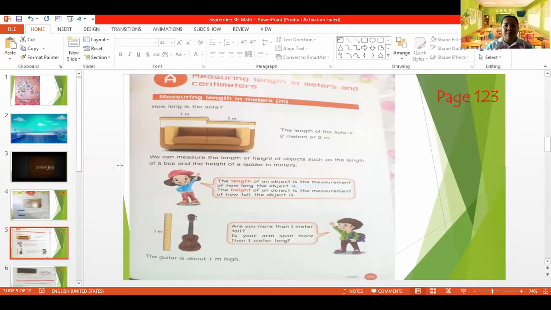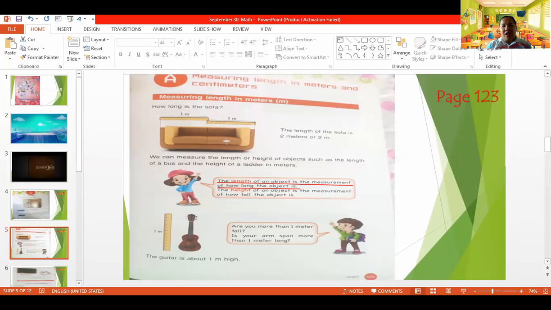What is length? The length of an object is the measurement of how long the object is. So that is length. How long it is. You understand this one? How long is it?